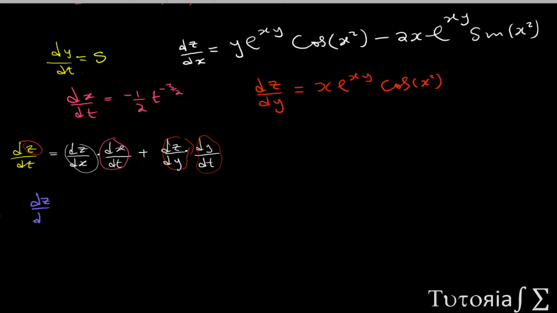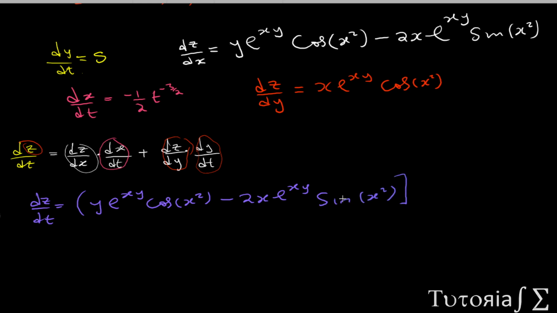dz/dt will be equal to dz/dx, which is this right here. We put it in brackets. So that is y e^(xy) cos(x²) minus 2x e^(xy) sin(x²).